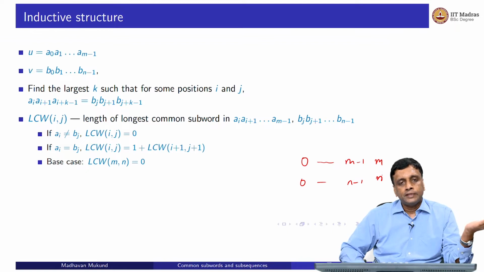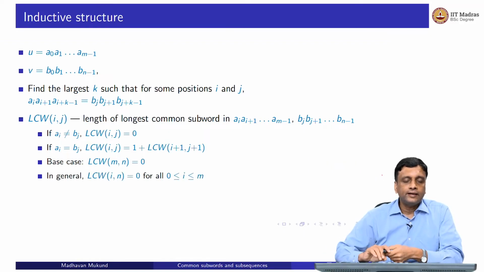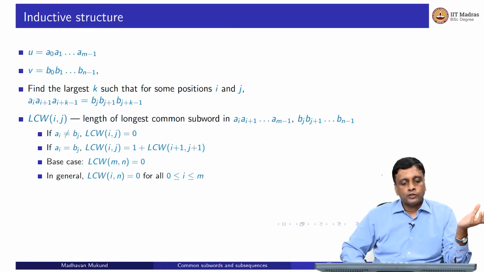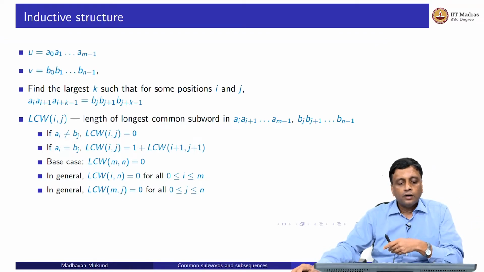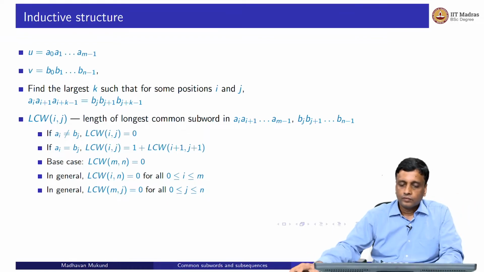If I have the empty string on both sides, then there is no common subword, that is 0. And in general, if I have the empty string on one side, then again there is no common subword. So if I look at i, n, because n is already beyond the length of v, or if I look at m, j, because m is already beyond the length of u, both of these must be 0. So these are our base cases for this problem.